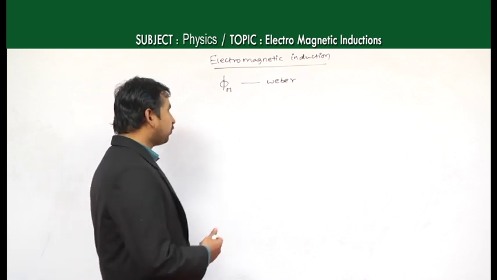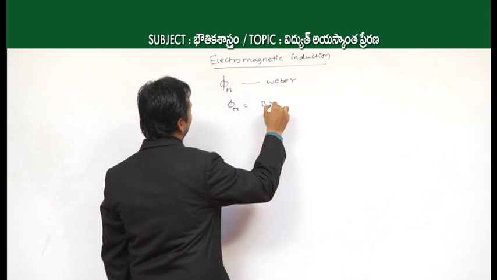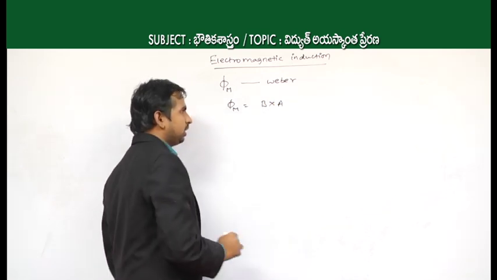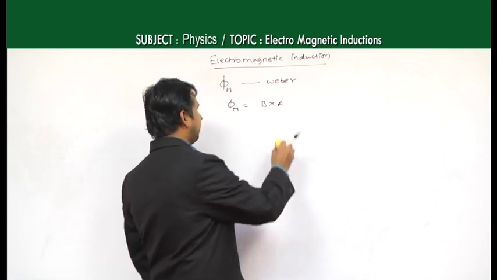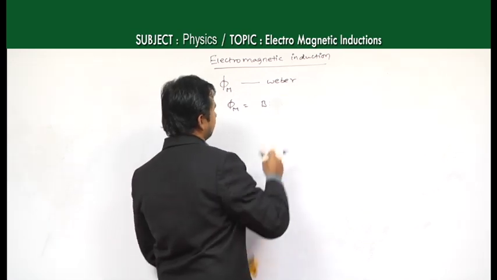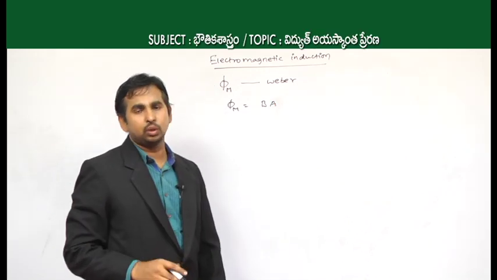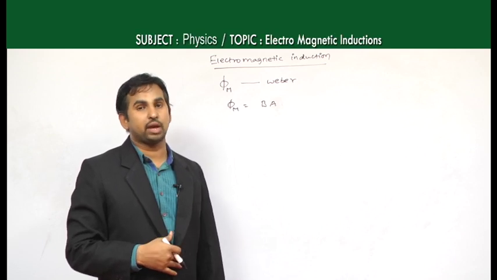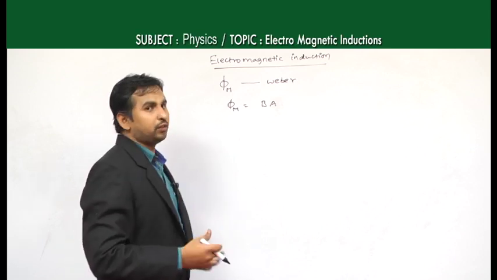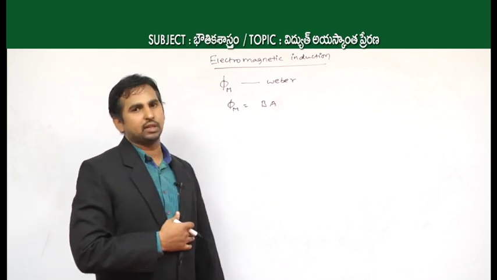The magnetic flux formula is phi is equal to B cross A, or B dot A. So, magnetic flux phi is equal to B dot A, or BA. If the field is perpendicular to the area, the flux is always maximum, but if it is parallel, then we get minimum flux.